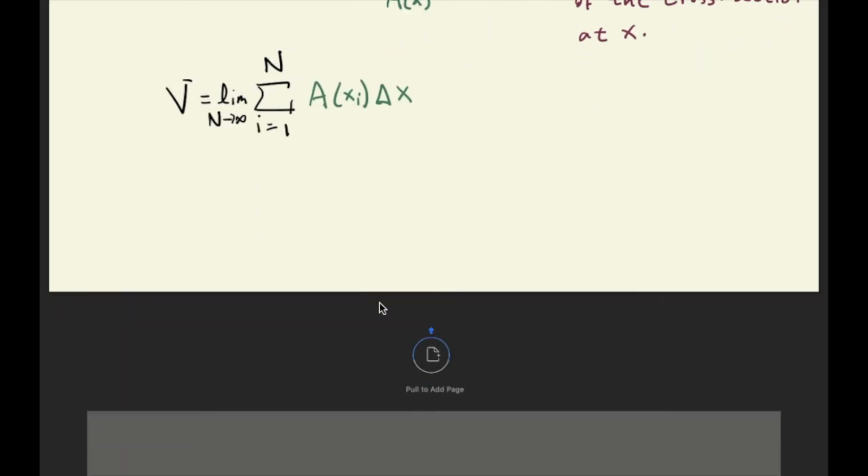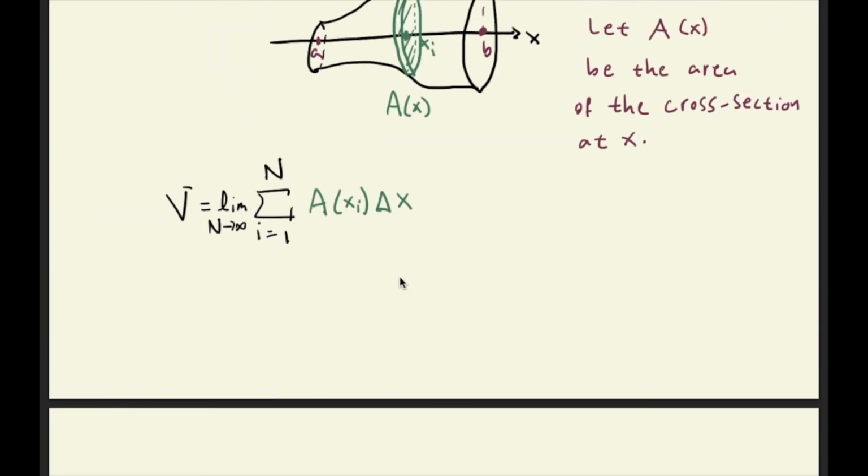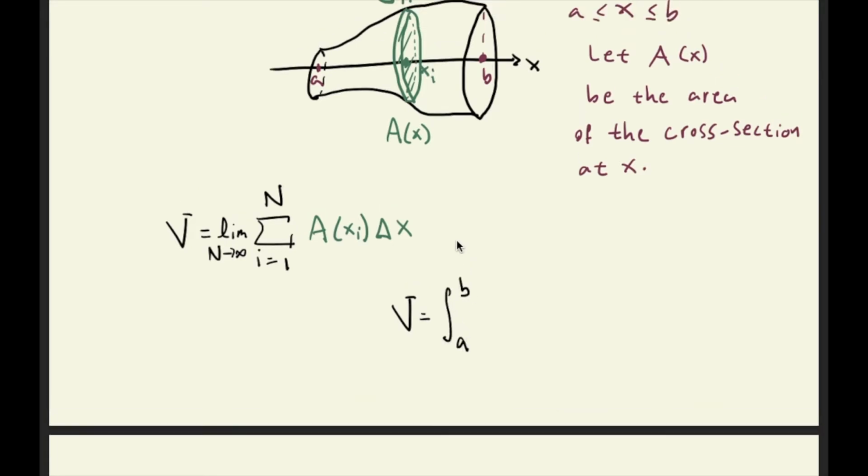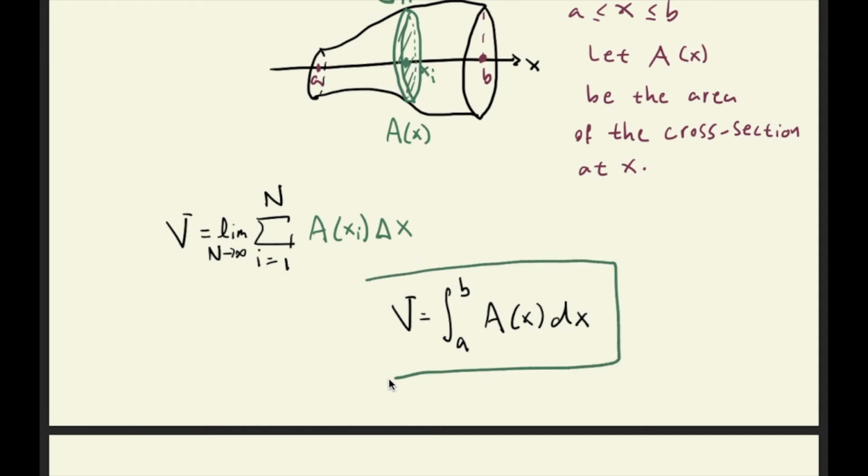But in the end, the formula that you see, the formula that we saw in class, is that the volume V is going to be equal to the integral from a to b, these two bounds, of A(x) dx. That's the integral formula for the volume of a solid like this.